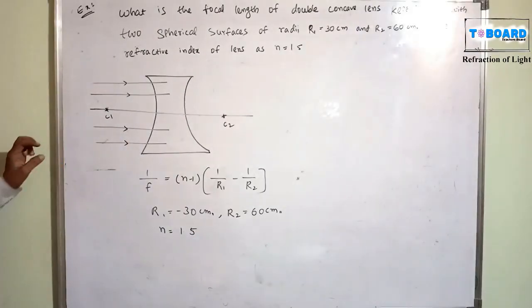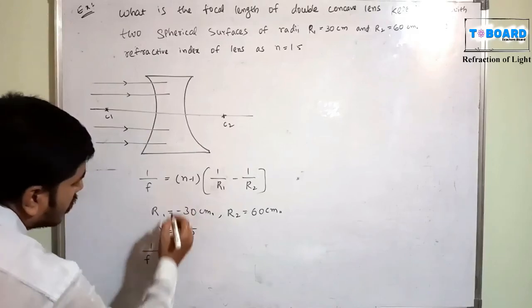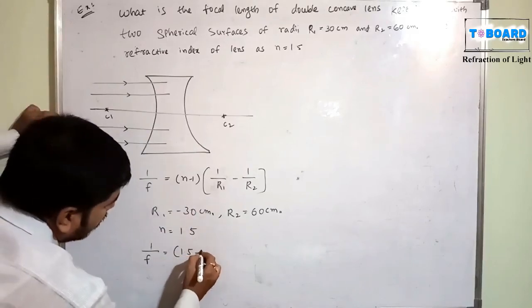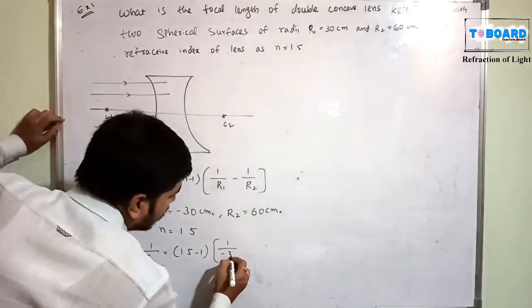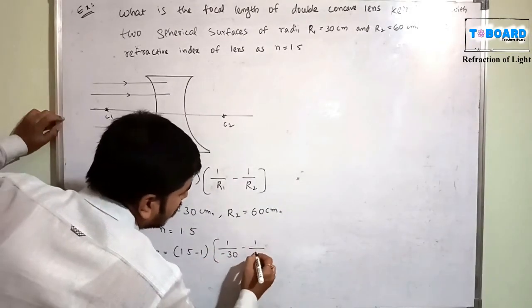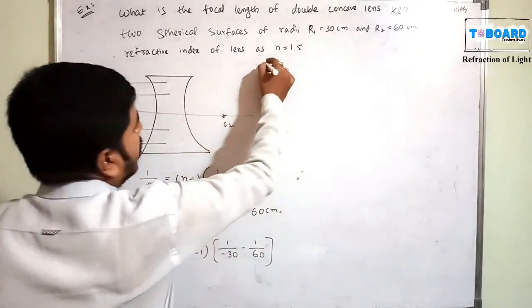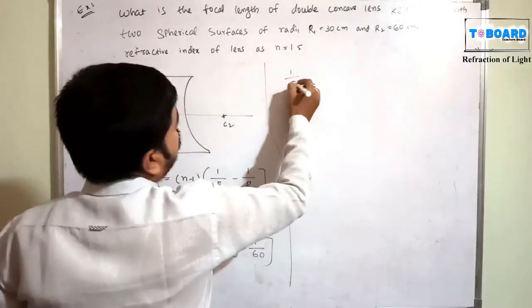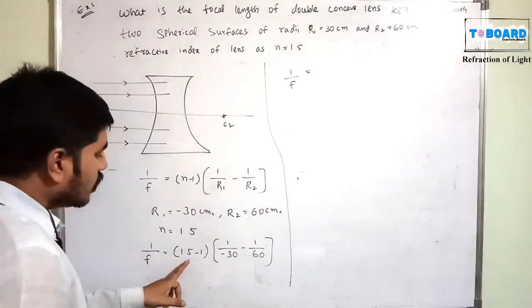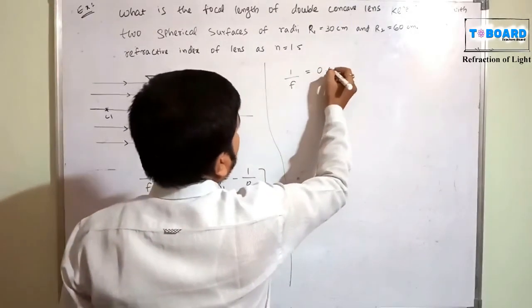Now I am going to substitute the values in the above equation. 1 by f is equals to 1.5 minus 1 into 1 by r1, which is 1 by minus 30, minus 1 by 60. Now 1.5 minus 1 is nothing but 0.5.